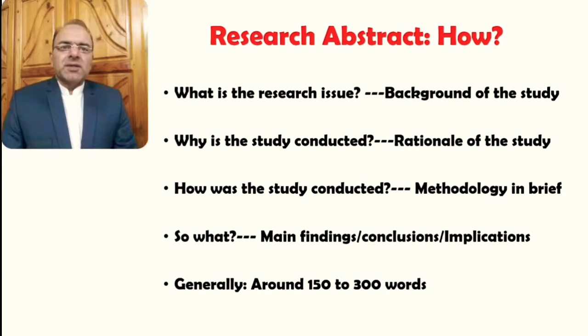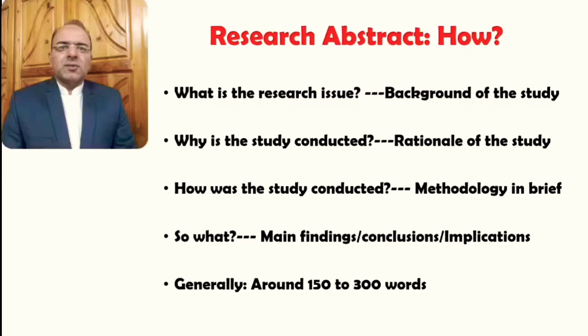There might be variation in structure and in the number of words or length of the abstract. But generally, in most cases, the word limit of the research abstract is between 150 and 300 words.